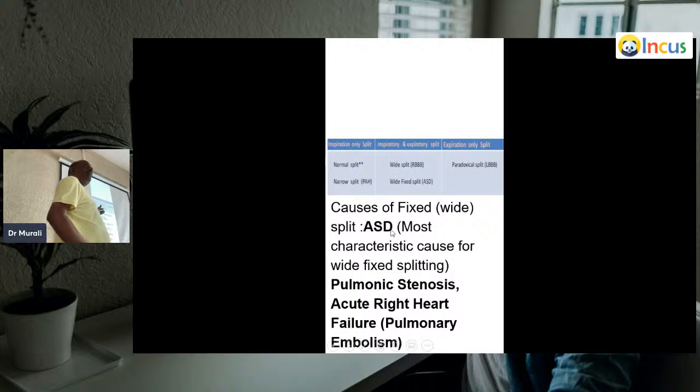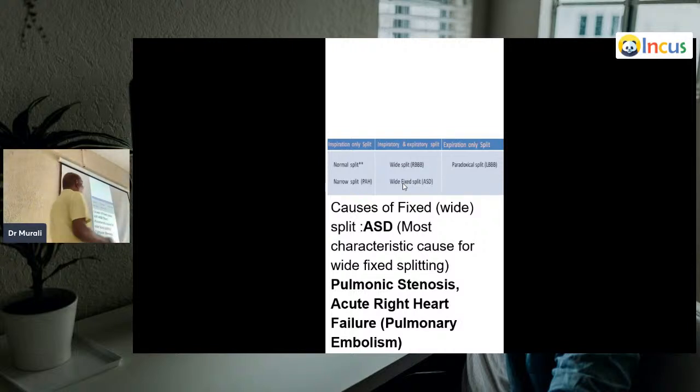So wide split, wide fixed split is typically both inspiratory and expiratory, but only expiratory is reversed split, paradoxical. And narrow split and normal split is heard only during inspiration, not during expiration. Agree? This much you are clear? Very good.